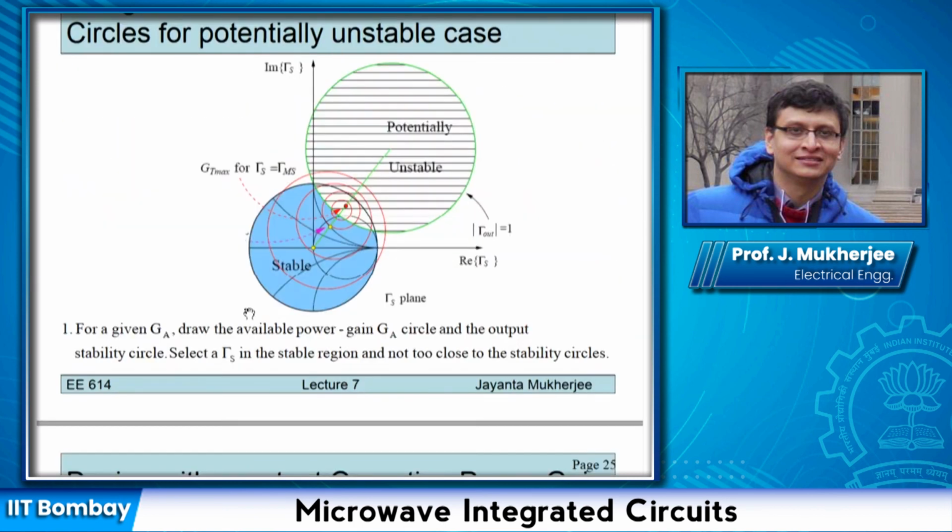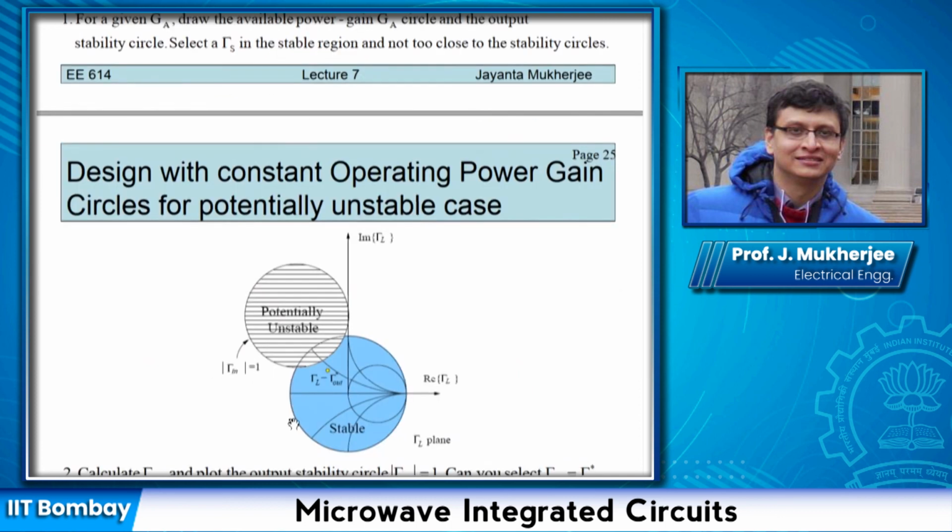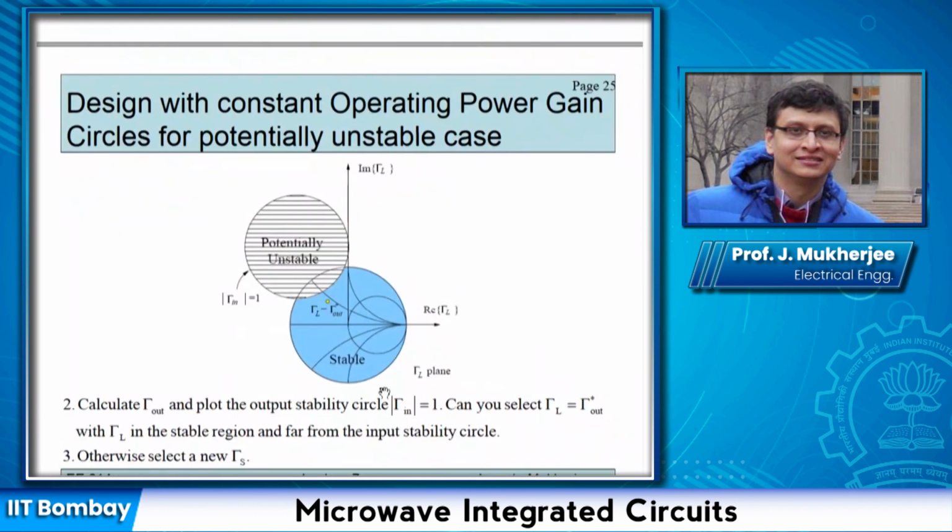This was my input stability circle. It's just the converse of what I did for GP circles. I go back to my output stability circles and check whether this value of gamma L that I have set itself lies in the stable region or not. So it's just the converse of the design methodology that I described for the GP circles.